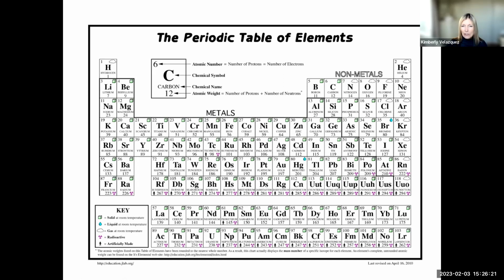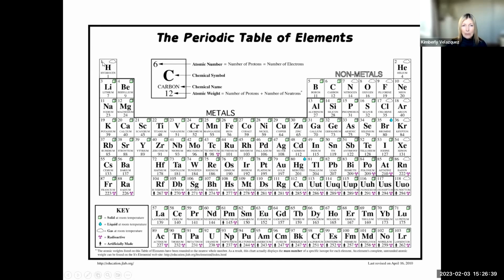And in particular, it's one of the subatomic particles called the protons that really defines what element you're looking at. It's arranged in order of what we call the atomic number. And we'll talk more about what that atomic number means in a minute.